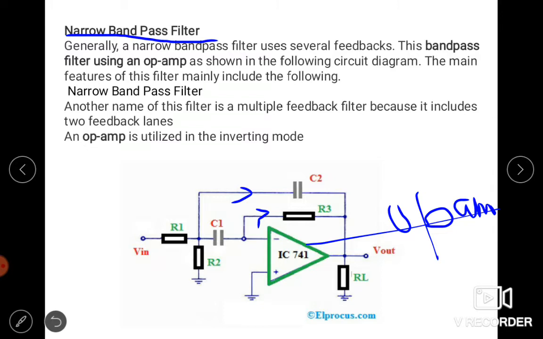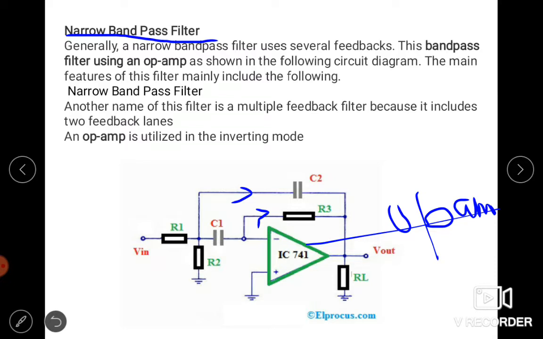it is called a multiple feedback filter, and the two paths are used in inverting mode. Generally the narrow band pass filter is designed for a specific value of center frequency fc or Q, or fc and BW, where BW means bandwidth.